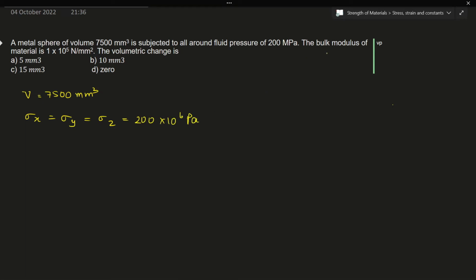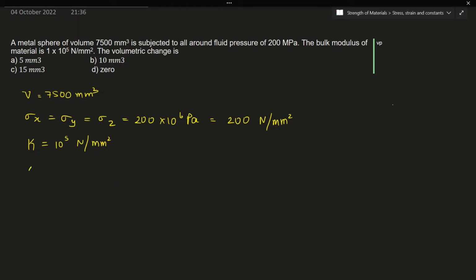Okay, the bulk modulus of the material is 1 into 10 to the power of 5 Newton per mm square. So bulk modulus is represented by the letter K. K is equal to 10 to the power of 5 Newton per mm square. So I'll convert the pressure into Newton per mm square, so I'll have it as 200 Newton per mm square, just to avoid all the confusions later on.